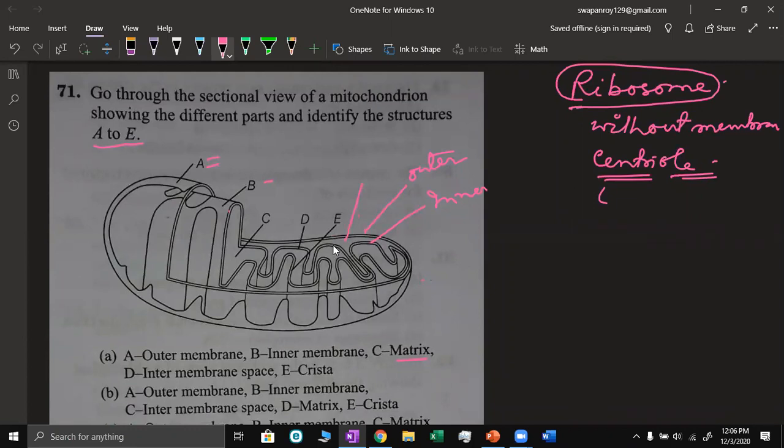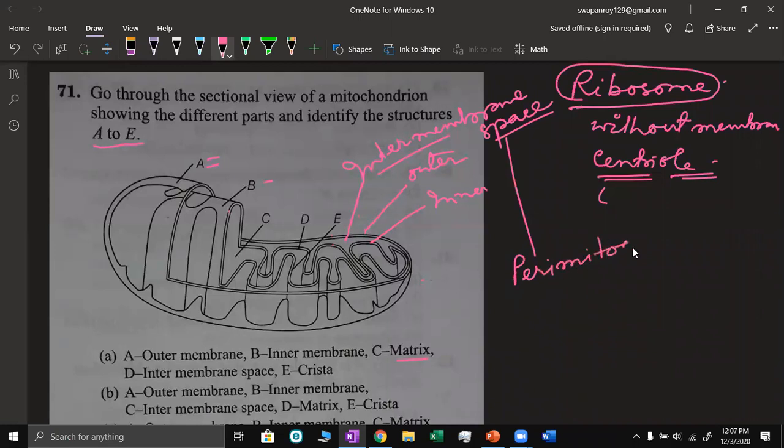This is outer, this is inner, and D should be this space between these two membranes, the intermembrane space. This is also known as perimitochondrial space.